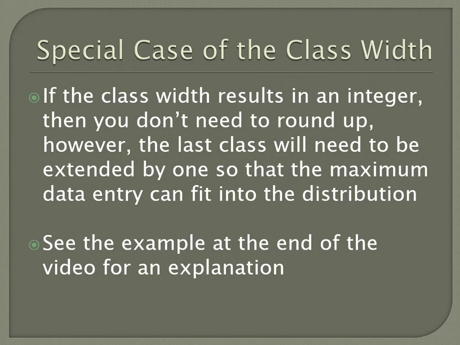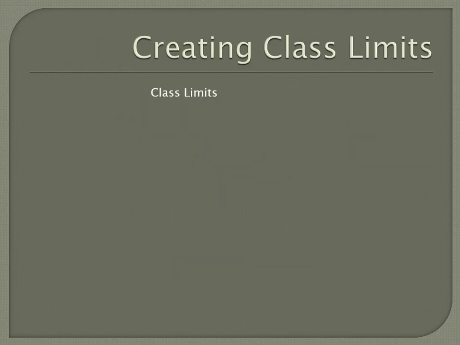Some textbooks will have you round it up even if it does result in an integer. I've always used the rule of not rounding if it's an integer and then extending the last class by 1. However, I've got an example at the end of the video that explains all this, so wait until then to see the explanation of how that works.